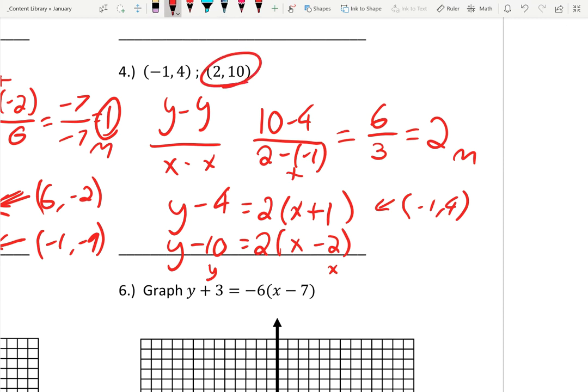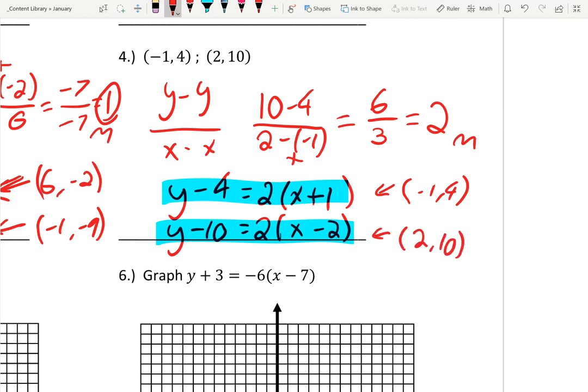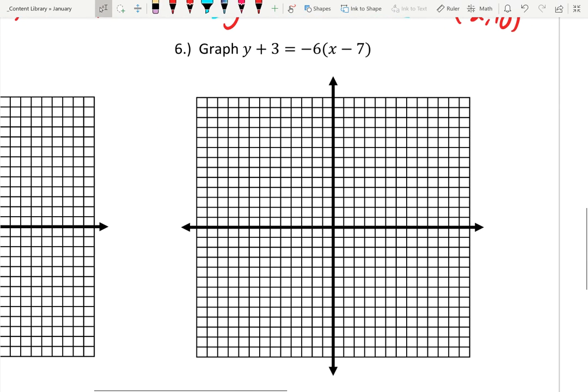Remember, these are both positive, so when I write them down, you're going to see the minus sign. So -2 for x and a -10 for y. Because remember, it's kind of opposite from the way you would see it originally. So there are two possible ways you could write your answer. Either one of these is fine. Obviously, the second one is if you used the point 2, 10. Okay, two possible answers. Depends just on which point you use to plug in.